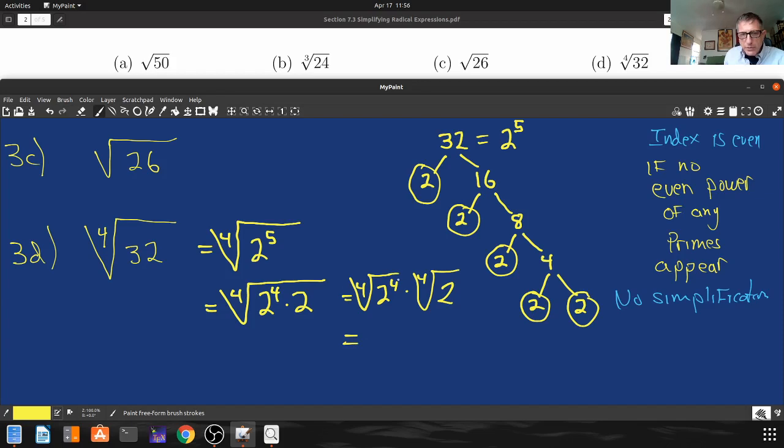And the 4th root of 2 to the 4th is 2, so I get 2 times the 4th root of 2. And that's our final answer there.